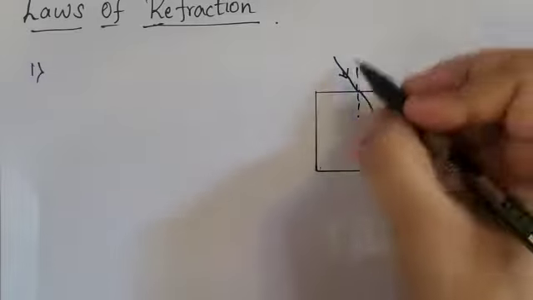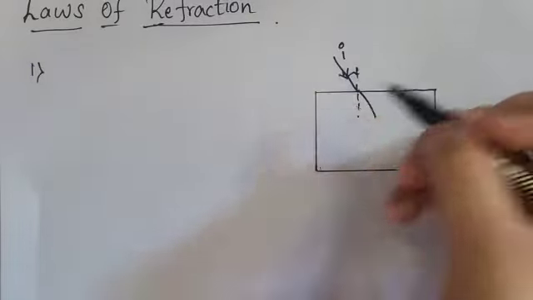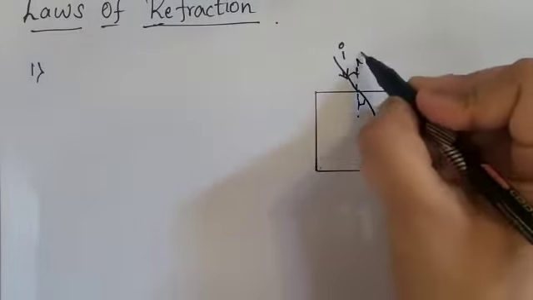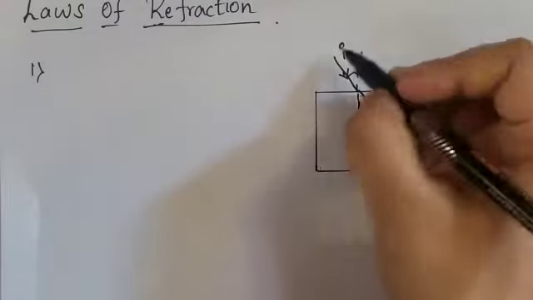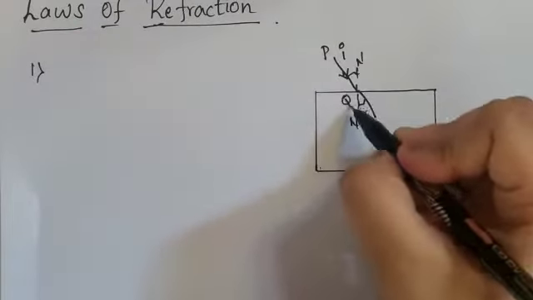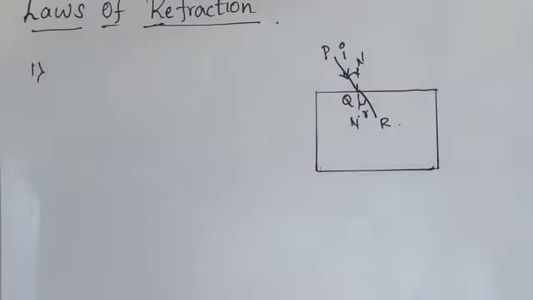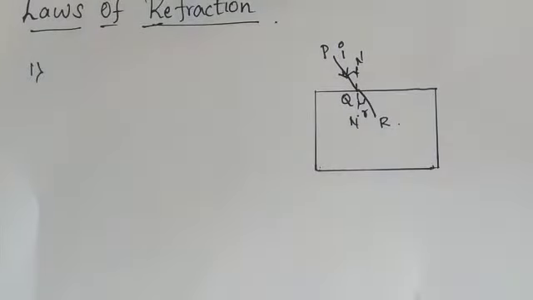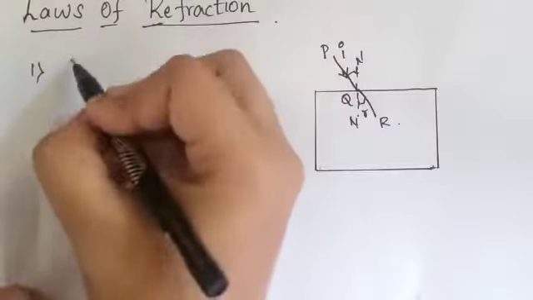So this is the refracted ray. This one I'll consider as I and this one as R. This is PQR, we are going to denote it. So what does the first law of refraction say?